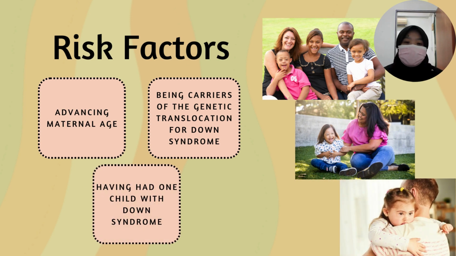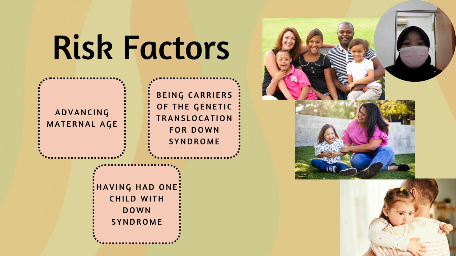Now that we already know the types and also the symptoms of Down syndrome, we're going to see what the risk factors of getting Down syndrome are. Some parents may have a greater risk of having a baby with Down syndrome if the mother, for example, has an advanced maternal age.